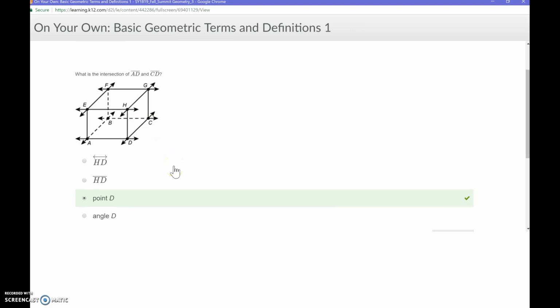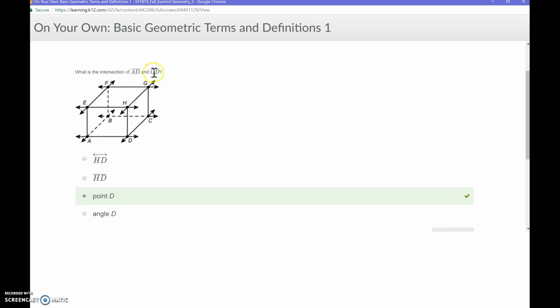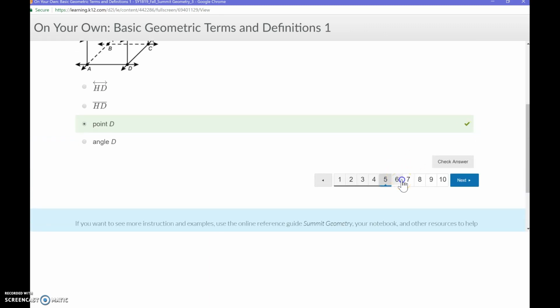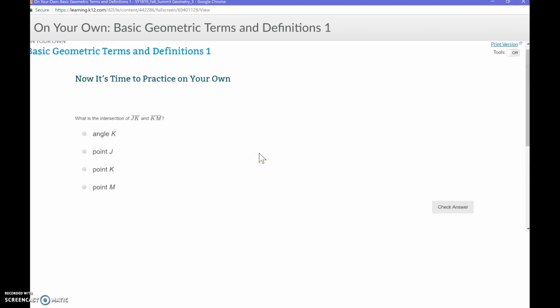Now two line segments, notice how they share this point D. That's where they intersect, at point D. Not angle. An angle will be open, two rays coming off of one point. So two line segments intersect at a point, which is D. This one's already checked. So we can go on to number 6.